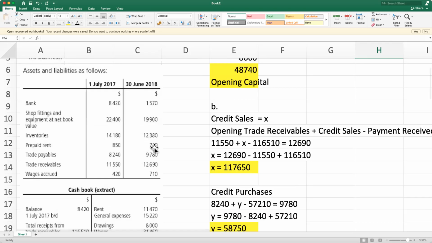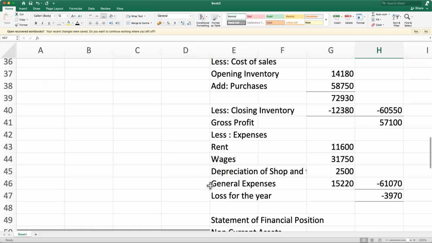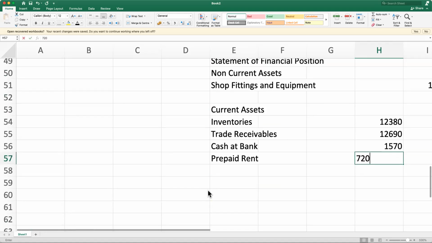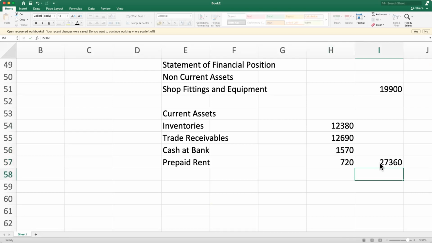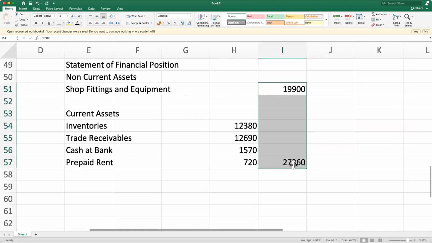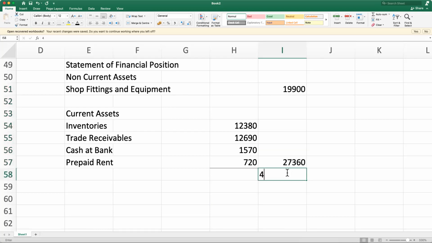Prepay rent is an asset because you prepaid your expenses, you have not used the services, so 720 right here. Which might total this up and put it to the right. 27,360. It is to be added so that I can get my total assets. My total assets would be 47,260. There's my total assets. I'm just gonna close it.